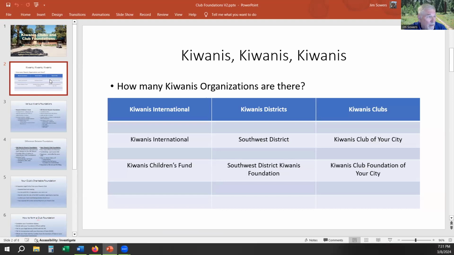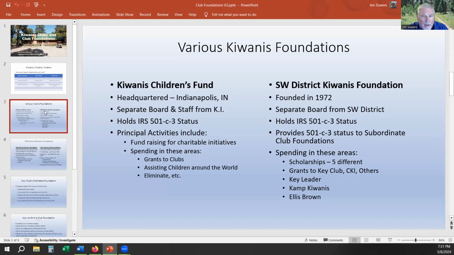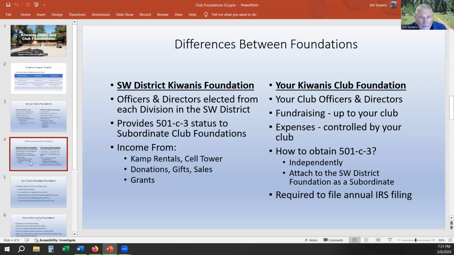There are really three groups of these things. There are Kiwanis clubs and their foundations. There are districts and district foundations. And there's Kiwanis International and Kiwanis International foundations. At Kiwanis International, they call it the Children's Fund these days. Well, if I go into that thing, I knew a little bit of history about all that stuff, but I don't want to really focus on that.